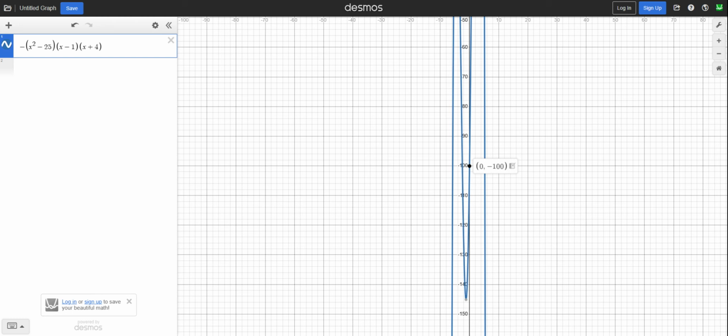Now, here's the sneak. Okay? This goes up to the right, down to the left. Opposite sides. Odd.